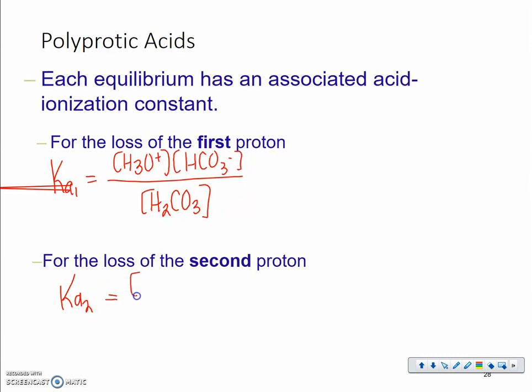Ka2 would have that. So we just number them. The first one that happens we call Ka1, the second one Ka2. If we have an additional one, Ka3, and so on.